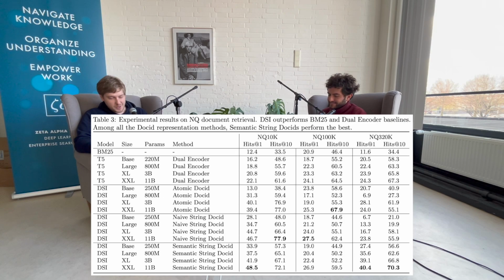But what we see is that we go from 77 hits at 10 with the smallest subset, down to 68 with the middle subset, down to 55 with the larger subset. So I guess the queries are changing here too. So you could argue that this is some of the effect, but it seems to me that increasing the size of the collection makes things a bit harder, which to me is intuitive because it has to be stored, right?